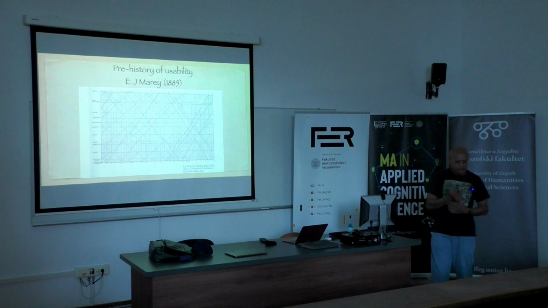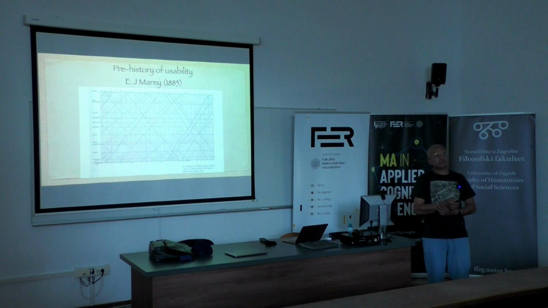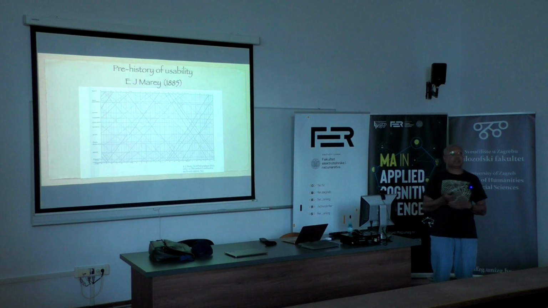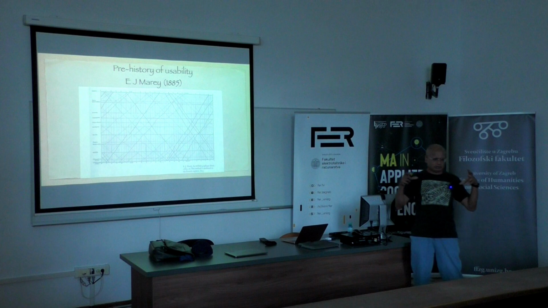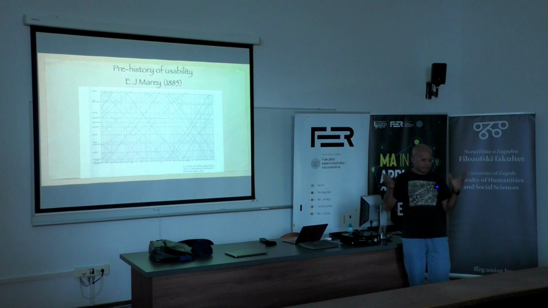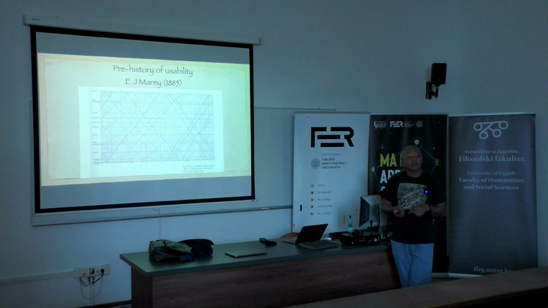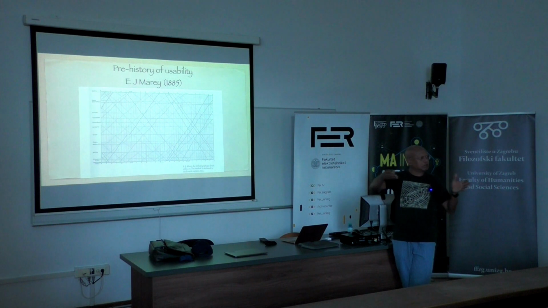Now, this chart was designed not for passengers but for people in the control room. I don't know if you know how trains work, but it's still the same thing. Take Zagreb, for example. Zagreb is a junction, so there are many platforms.